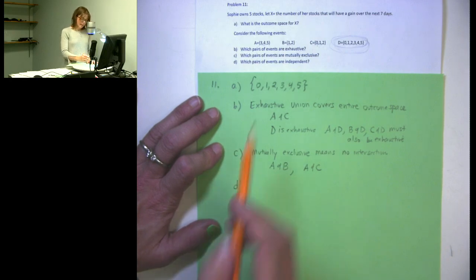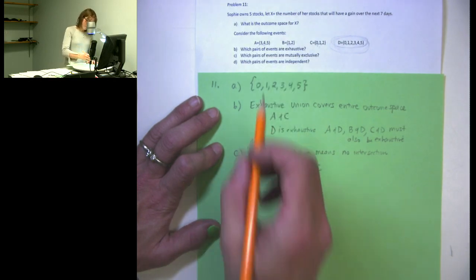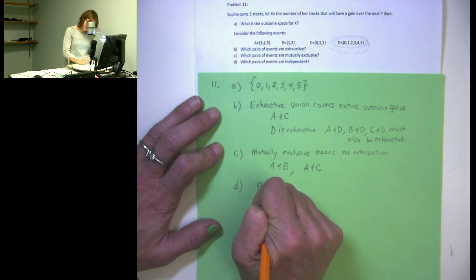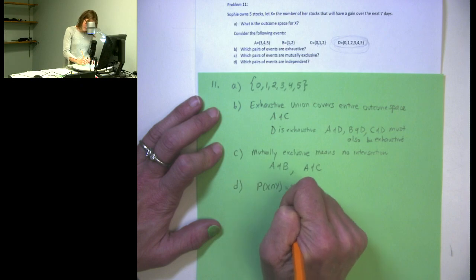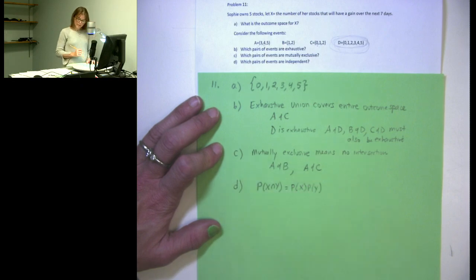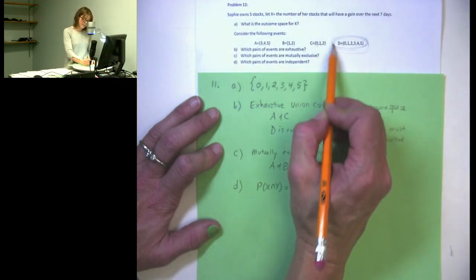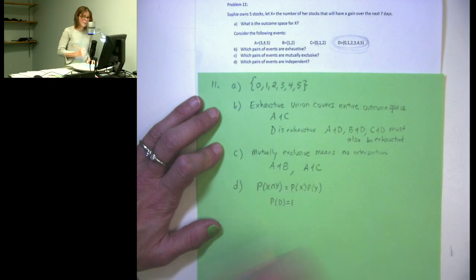Part D asks which of the events are independent. Remember that in order to be independent, the probability of X and Y must be equal to the probability of X times the probability of Y. One thing to note is the probability of D is equal to 1.